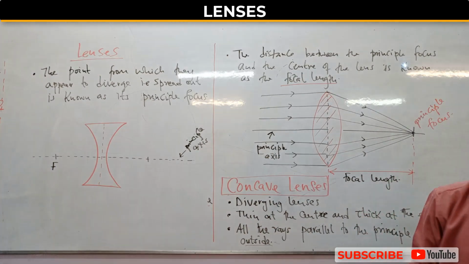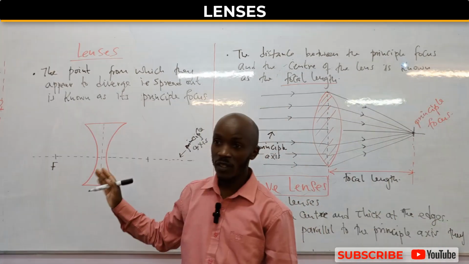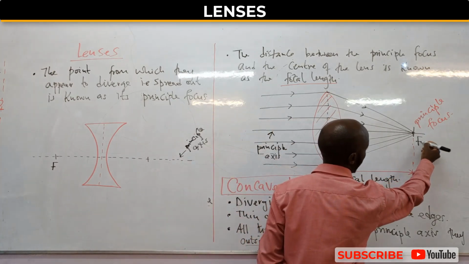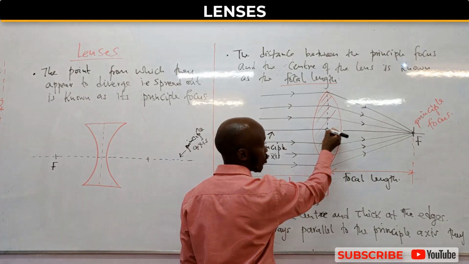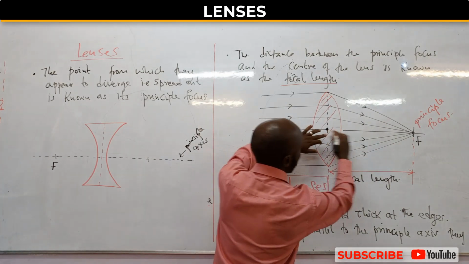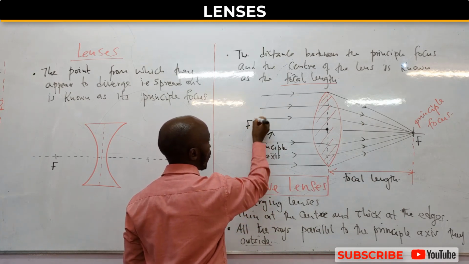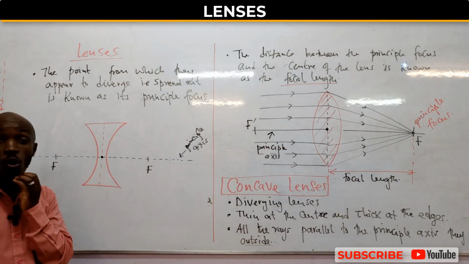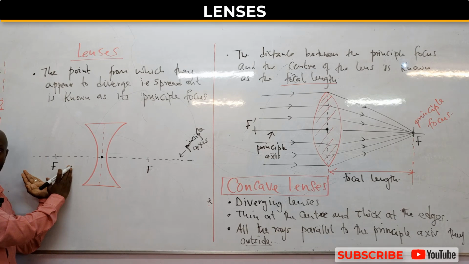And something to note here, the principal focus is on both sides of the lens. Here we had the principal focus F. On the other side, it will be equidistant from the center, so we'll have also a principal focus there.